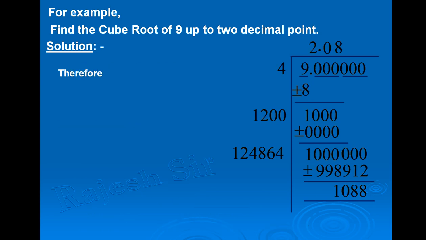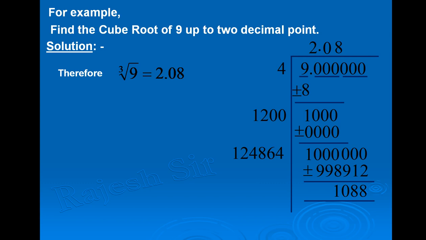Therefore, the cube root of 9 up to 2 decimal points is equal to 2.08. That is, when we multiply 2.08 three times, we get an answer nearly equal to 9.